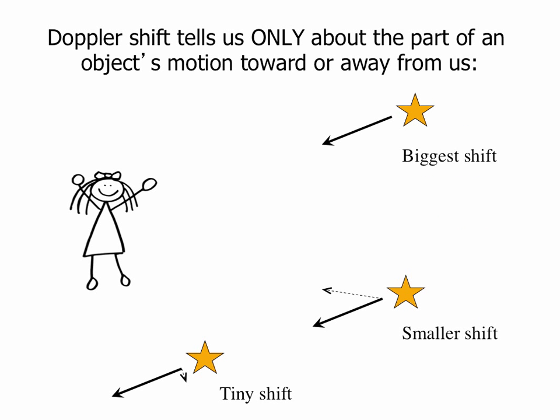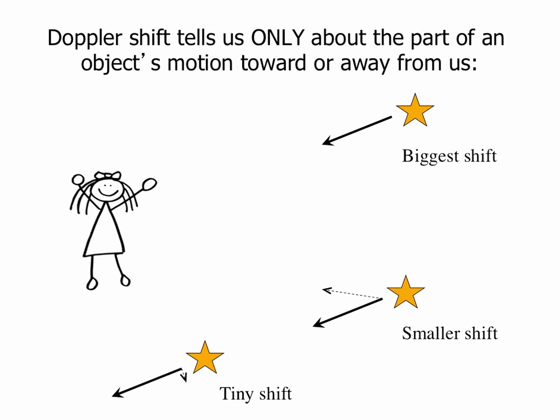One point about the Doppler shift is that it only tells us about the part of an object's motion toward or away from us. So here we see me looking at 3 stars. All 3 stars are moving in the same direction at the same speed. However, the top star is moving straight at me. The middle star is moving kind of sideways relative to me, and the bottom star is moving almost directly sideways relative to me.